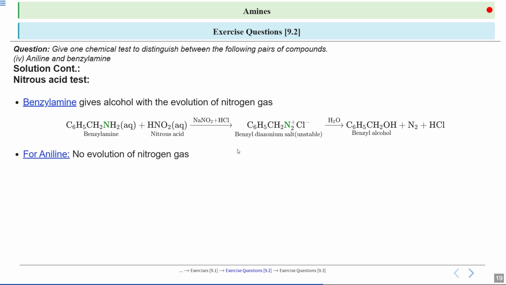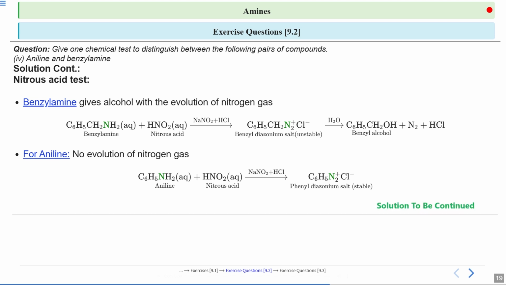Whereas in the case of aniline, there is no evolution of nitrogen gas. If you react aniline with nitrous acid in the presence of NaNO2 and HCl, it gives a phenyl diazonium salt, without any evolution of nitrogen gas.